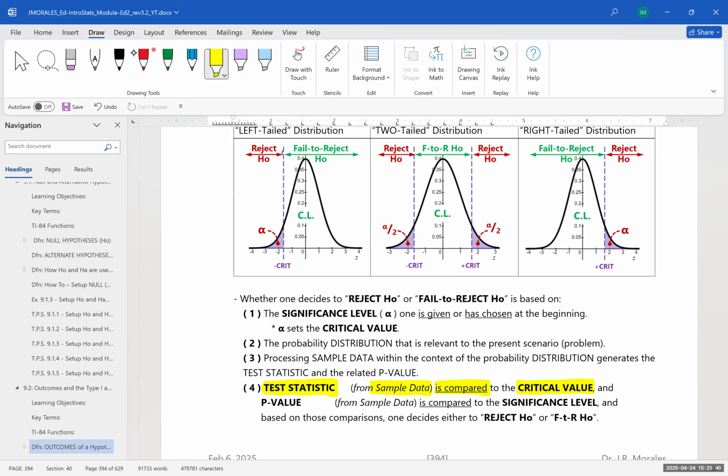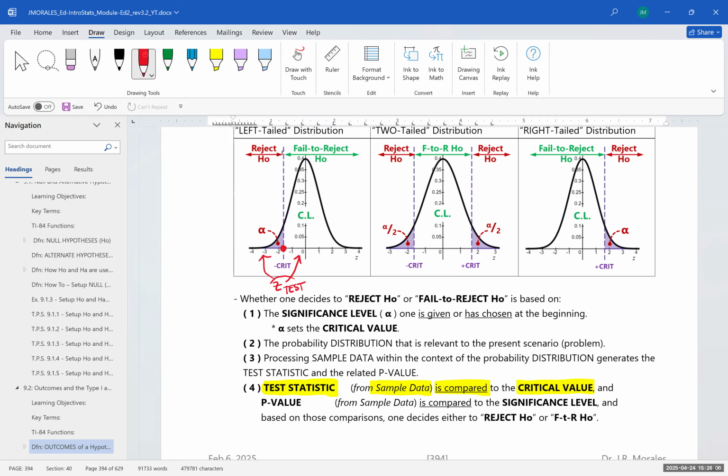So you'll have a Z test statistic that you will calculate, and you're going to see whether, relative to this critical value, it is on this side or this side of the critical value.